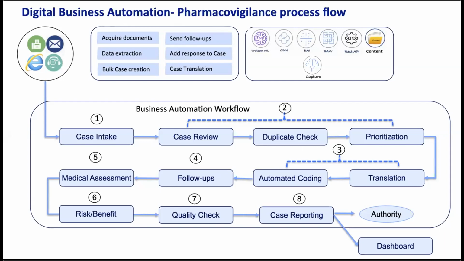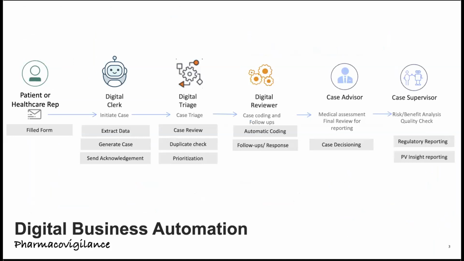Here we are basing our demo on personas. You have your patient or healthcare representative who is giving out the information, either through emails, by filling out a form, or through social media interactions, be it a call center or a chatbot. There are n number of media, but we have to collect the data.